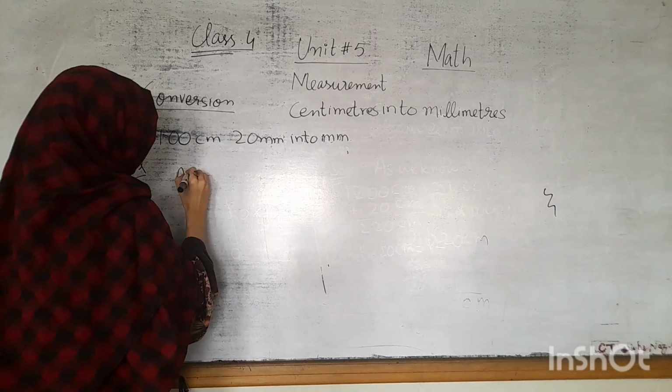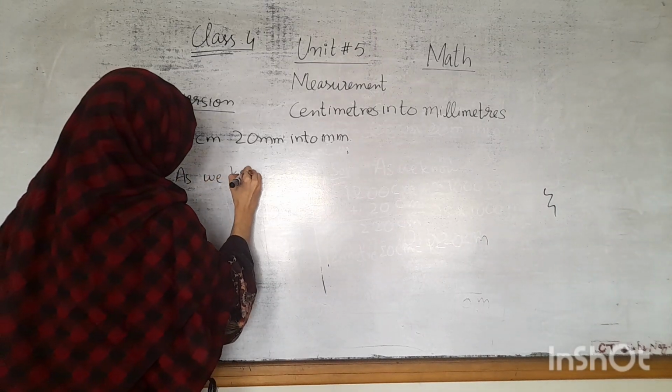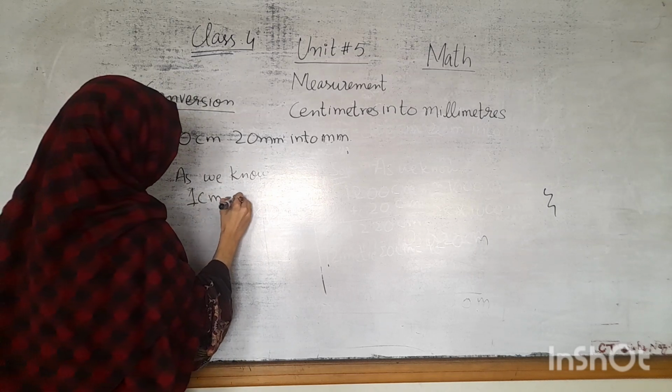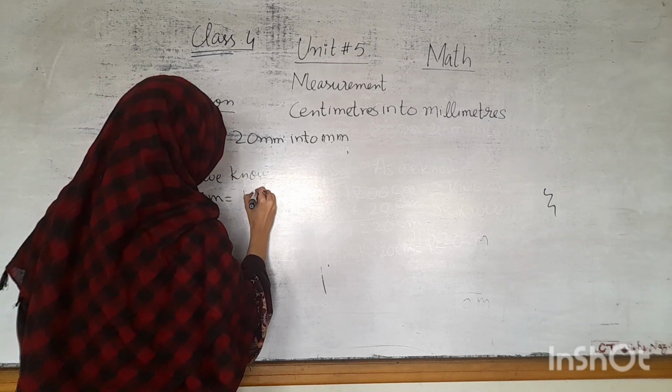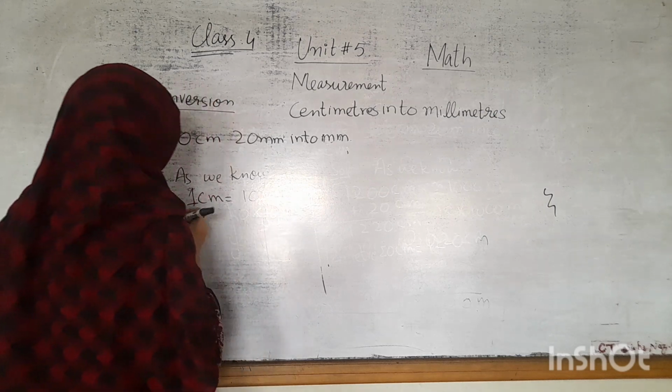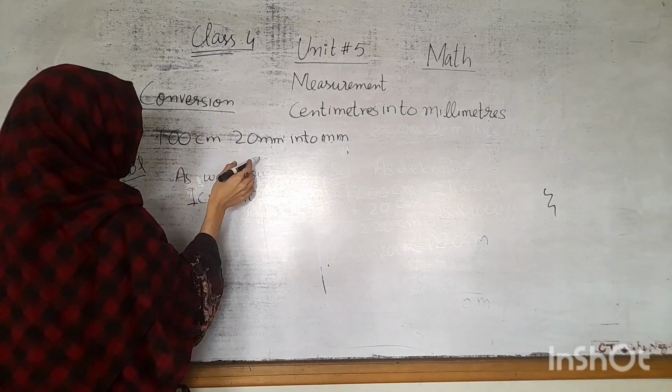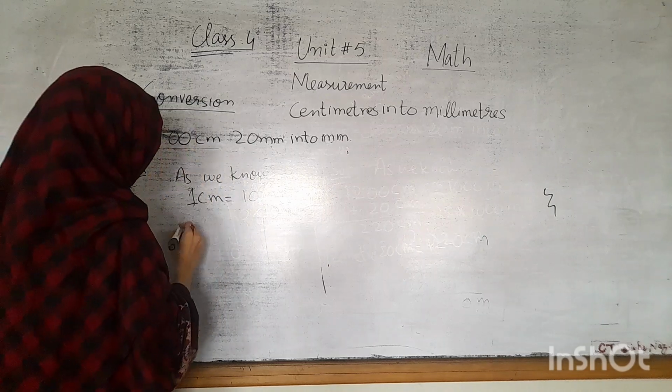Similarly, as we know, 1 centimeter is equal to 10 millimeter. First we convert the bigger unit into the smaller unit.